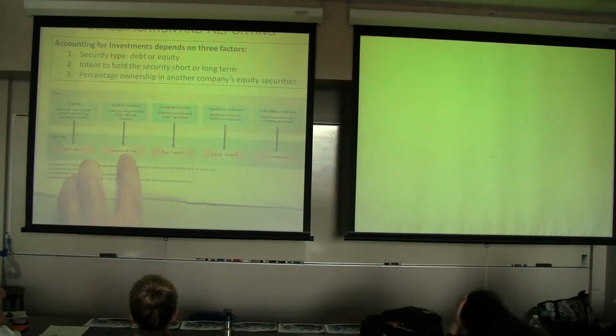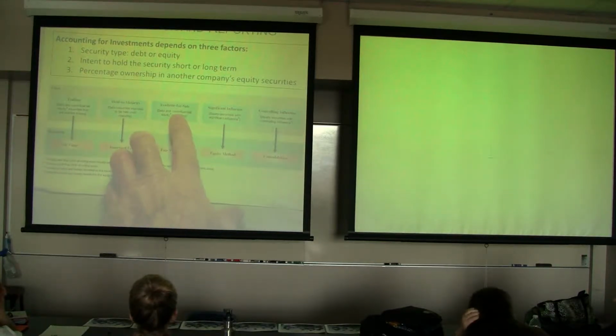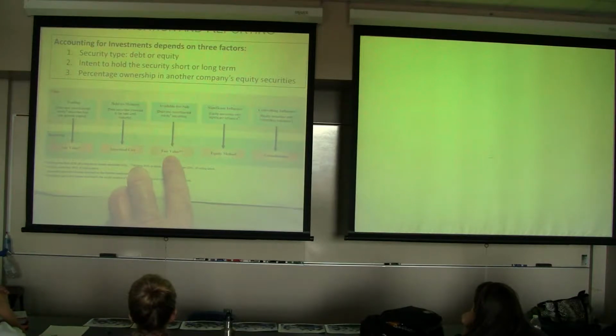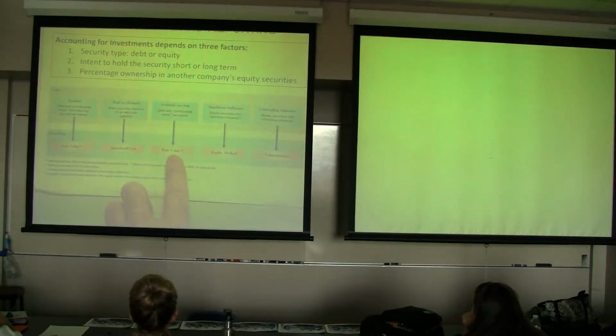Now we're getting to the next category, which is available for sale. Available for sale is reported at fair value, just like the trading security. Everything we say about available for sale will apply to trading securities with one exception. Trading security unrealized gains and losses are reported on the income statement.